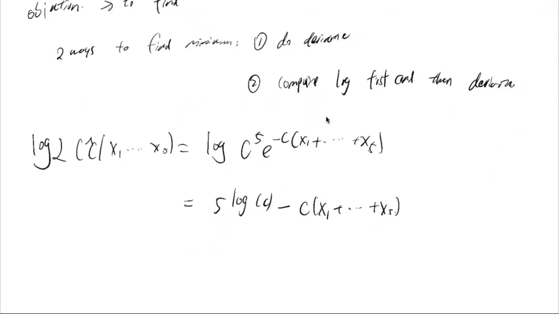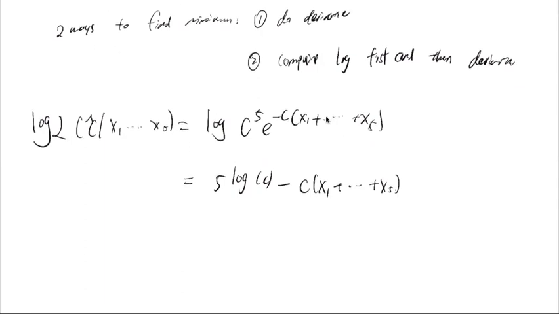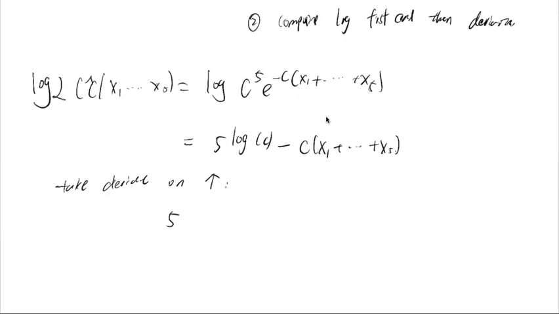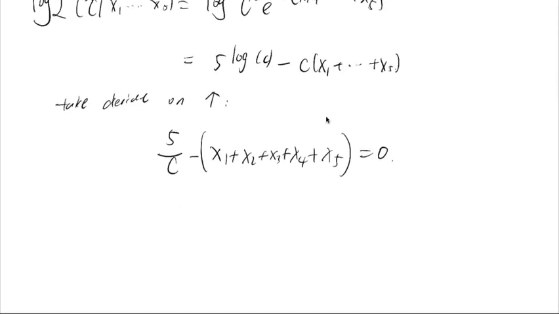Basically we use the logarithm to simplify this function, and then we take the derivative with respect to c and set it to 0 to find the critical value. We end up getting 5 over c minus (x1 plus x2 plus x3 plus x4 plus x5), set equal to 0.